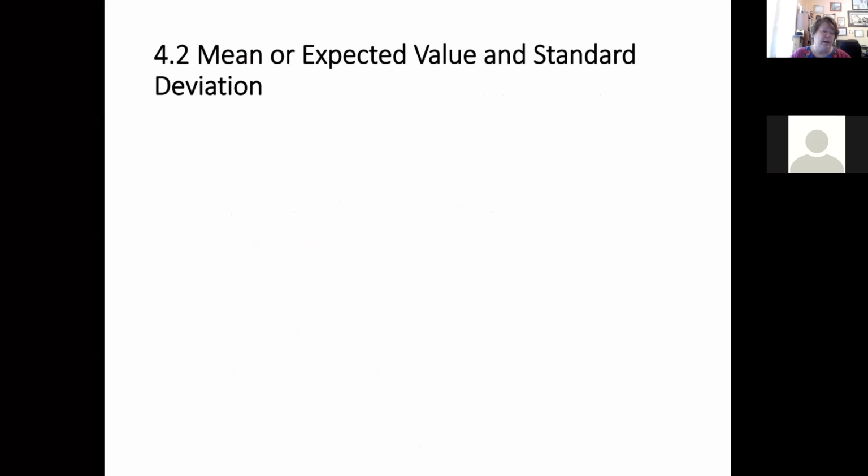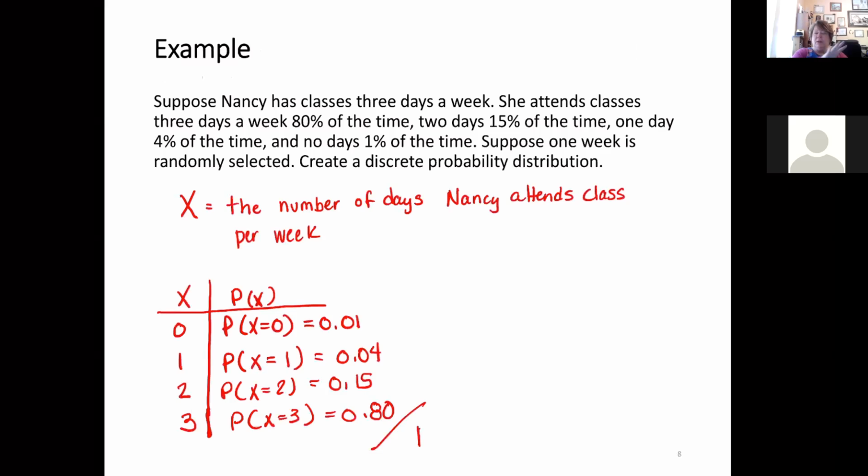Okay, so the next thing we're going to look at is how to find this thing called expected value and how to find the standard deviation. So given a discrete probability distribution, can you find the expected value? Can you find the standard deviation? And the answer is yes. Because if you look at the one we just looked at, again, what is that second column? That second column is the relative frequency.